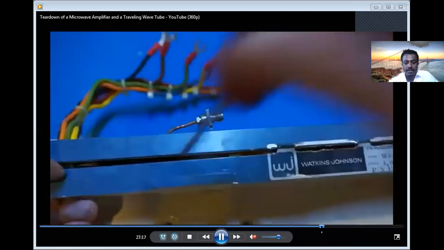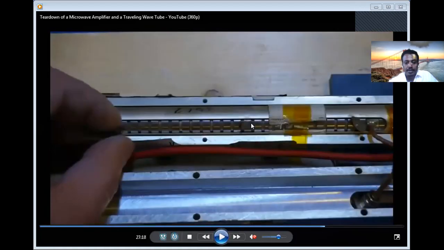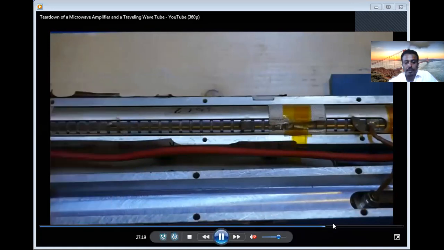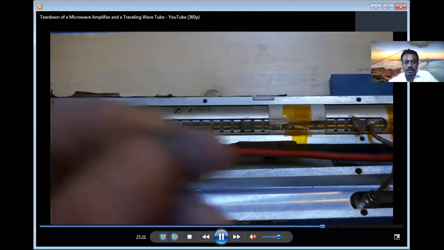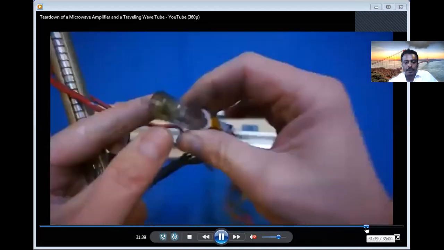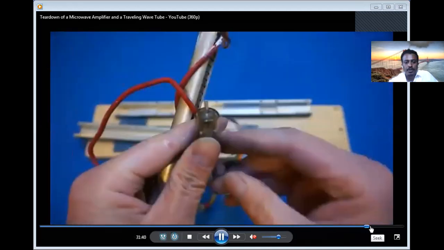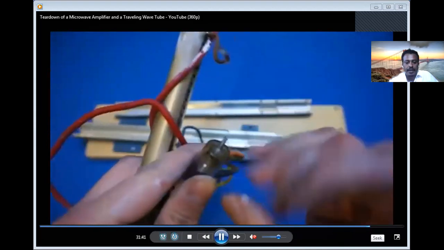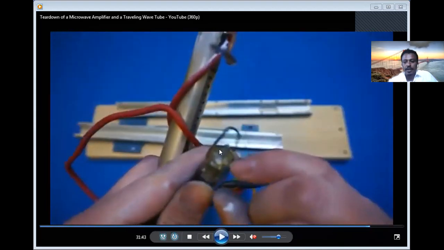Now let's see what is inside. So when you see inside, you will see this coil, right? So, okay, this is the electron gun. What here you are seeing is the internal structure of a TWT, because it is a very important device.